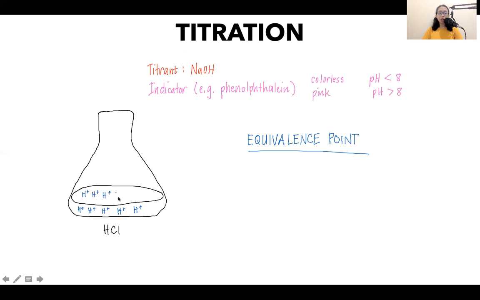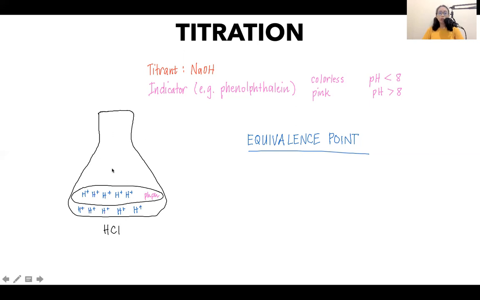Now this time, we have the presence of phenolphthalein in our analyte. I will represent phenolphthalein with pH. So again, this is acidic, and we know that phenolphthalein is colorless if the solution is acidic. So this will remain clear.